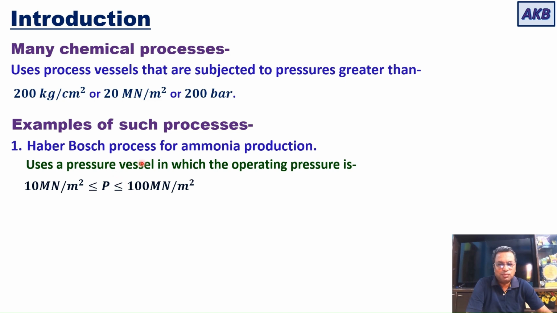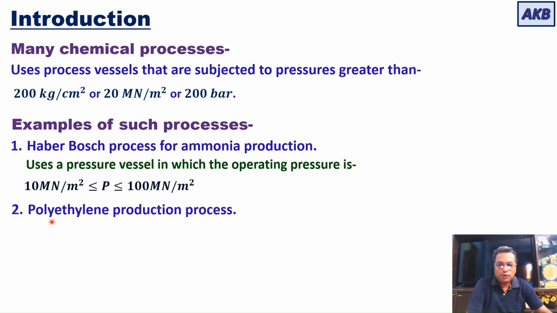So the Haber-Bosch process, which is used for ammonia production, uses a pressure vessel that is subjected to operating pressures between 10 meganewton per meter square and 100 meganewton per meter square. So you cannot use the Indian standard IS 2825-1969 for designing this pressure vessel. We have to think of a different way of designing such a pressure vessel.